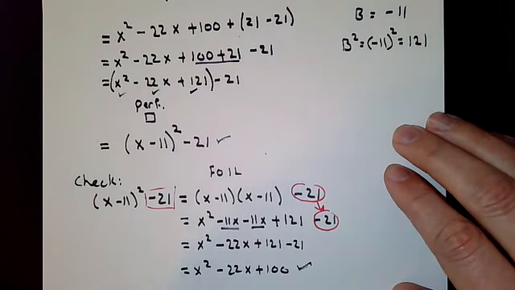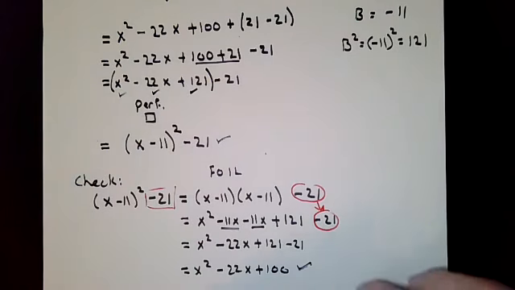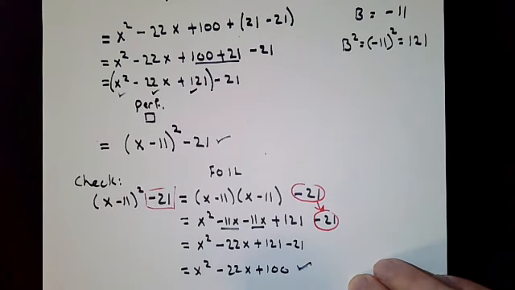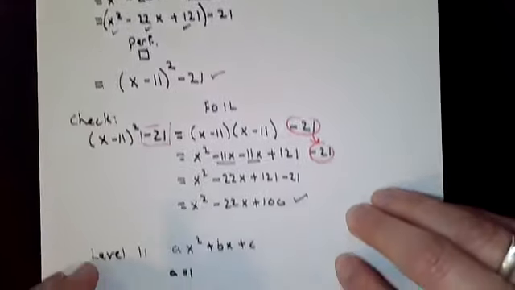Now, the reason I wanted to show you this check is for this reason. If you need practice with completing the square, it is very simple to do. These were level 1 examples. At level 1, what you're going to do is you can just pick values for A, B, and C. But for level 1, keep A equal to 1.